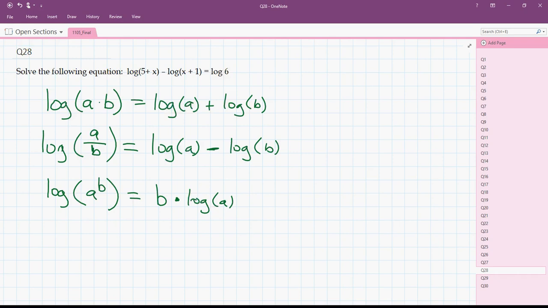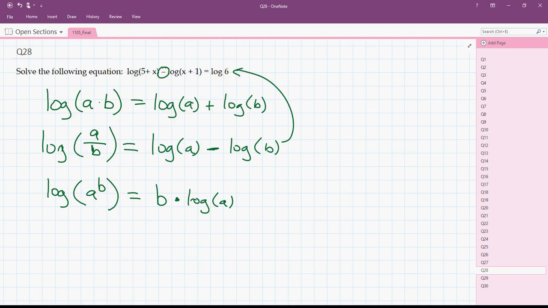Since we have logarithms on both sides, our goal is going to be to get everything under a common logarithm. We see here that we have a minus sign, so we're going to apply that rule: if we start with a subtraction, we can turn that into a division.